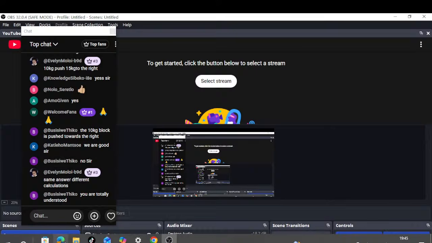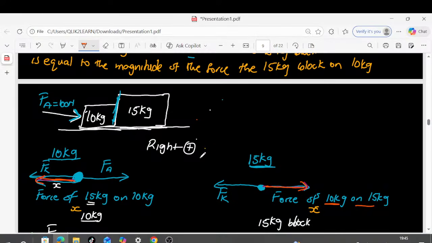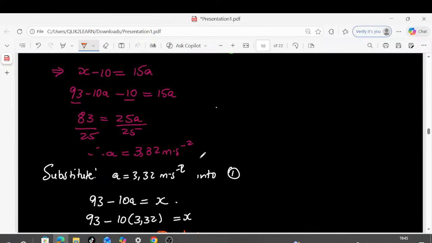So you know what we're going to do now? Let us take the 15 kg block and bring it down, and say this is my 10 kg block, and we bring it down there like this with the tension.